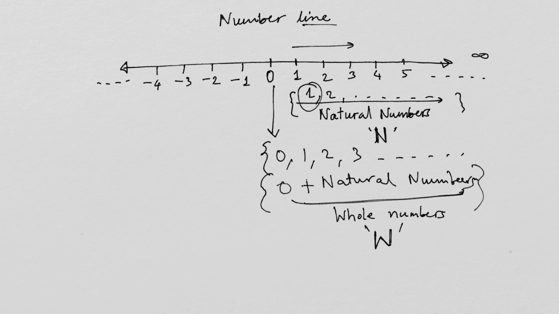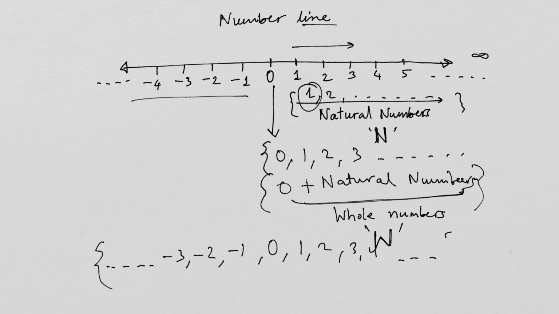Now, in the collection of whole numbers, if we include negative numbers as well, like we have included 0, then we have counting numbers. And then if we include the negative numbers as well, then it will be an even bigger collection.